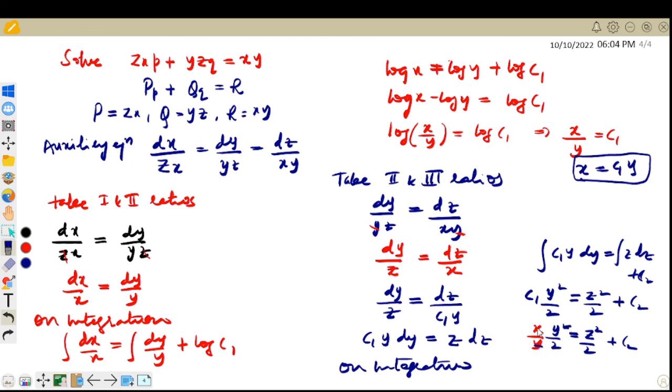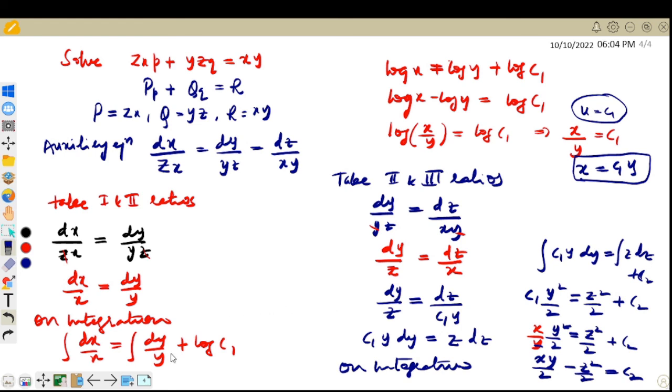The y gets cancelled: x into y is xy by 2 minus z square by 2 is equal to c2. So this is u is equal to c1, and this is v is equal to c2.